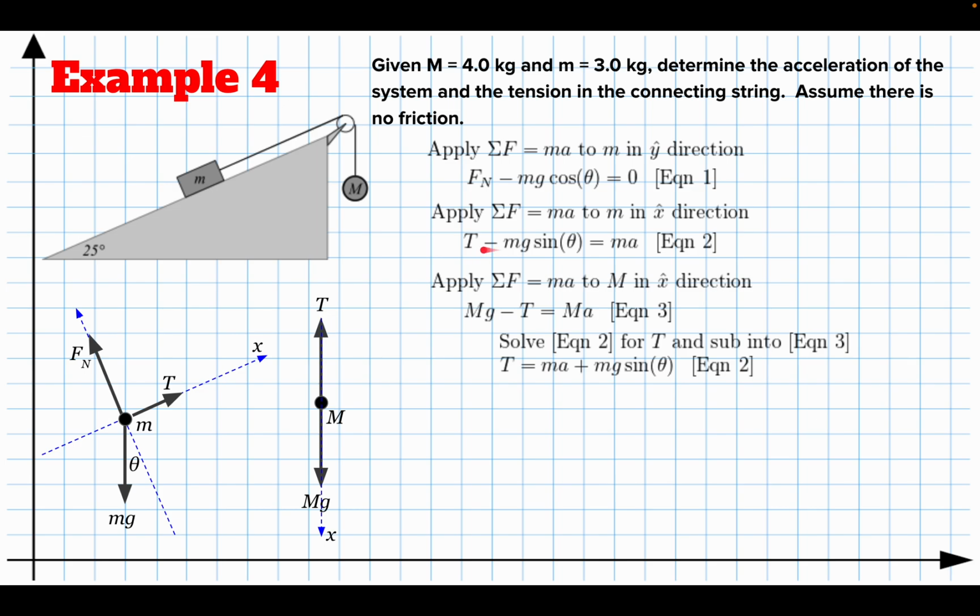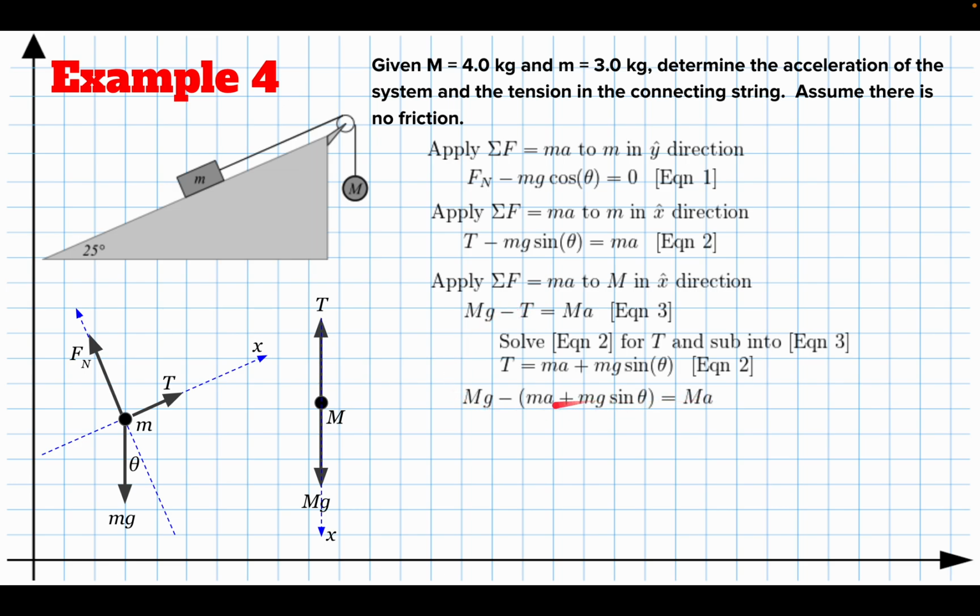I'm going to substitute that into equation 3, and that will eliminate T. And we will have Mg minus T, which is ma plus mg sine theta, equals M times a. So I'm taking equation 3, and I'm substituting in T, and it gives me this mess right here.